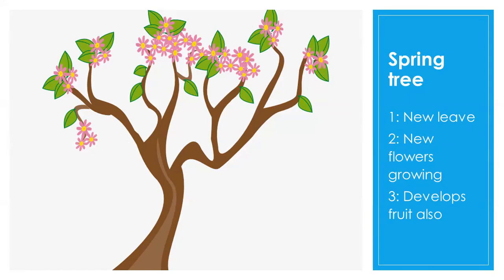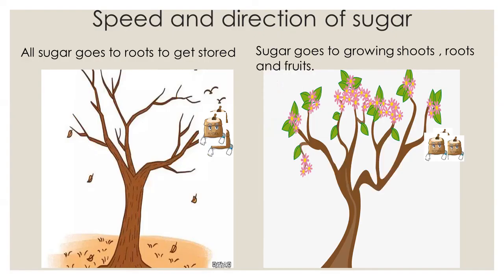During spring, you see new leaves, new flowers, and fruits on the tree. To see the speed and direction of sugar, we have compared two different trees from different seasons. This is a winter tree and this is a spring tree.